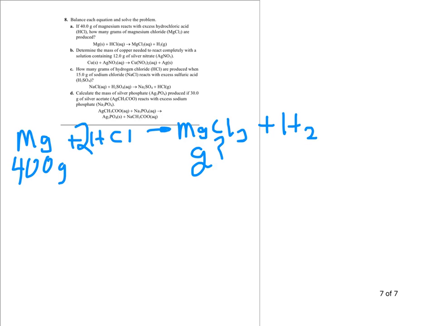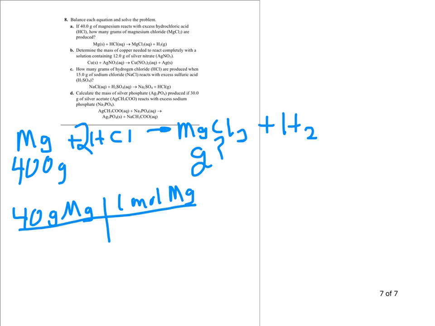First change 40 grams of magnesium into moles. So 1 mole of magnesium, from the periodic table we find that is 24.31 grams of magnesium. Grams cancel the grams.